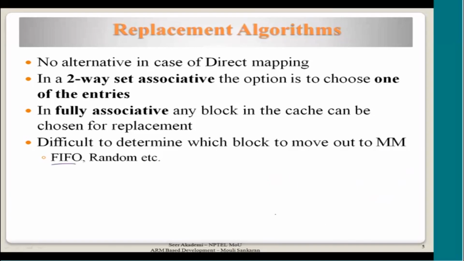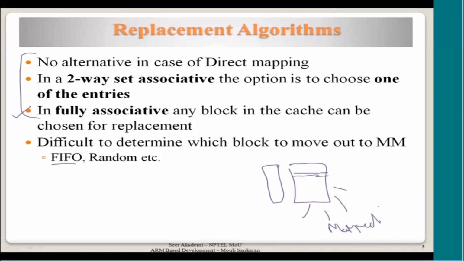So what is FIFO? A simple algorithm. For the sake of discussion, let us assume that it is fully associative. Please remember, the algorithm has to be done differently for different mappings. A cache is designed with multiple parameters. One of them is how it is mapped.